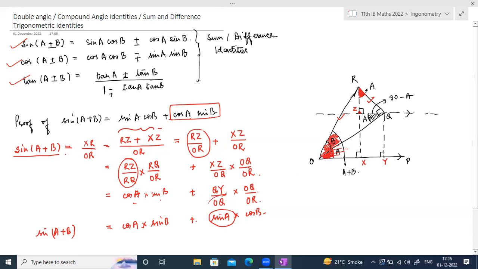So that's why we need to multiply and divide by OQ, and by RQ. Basically the base and the perpendicular of the triangle OQR, and the rest everything will follow automatically.